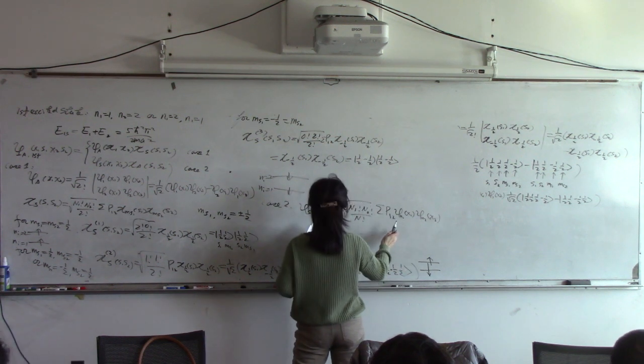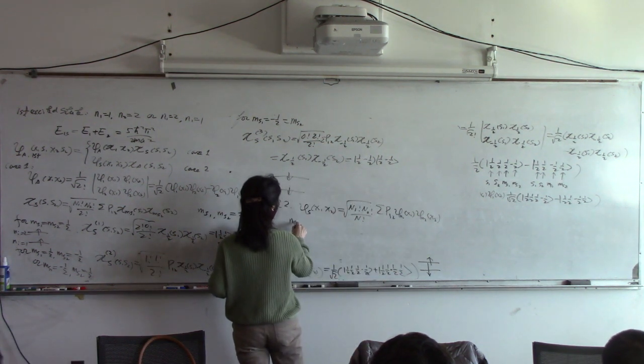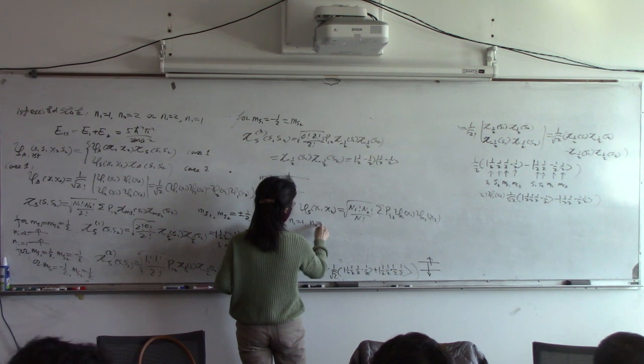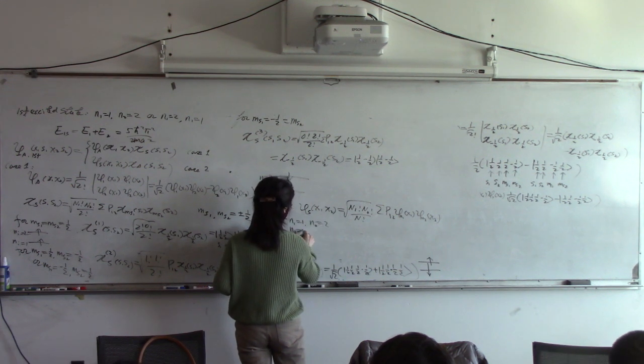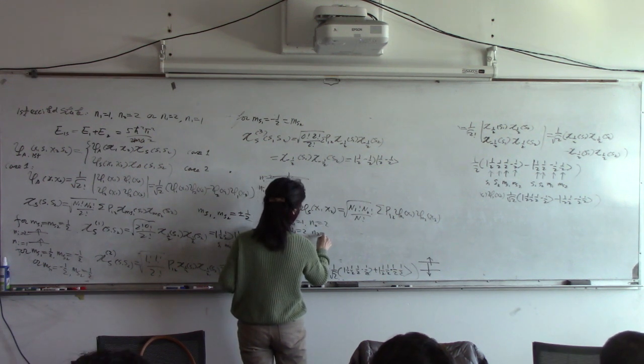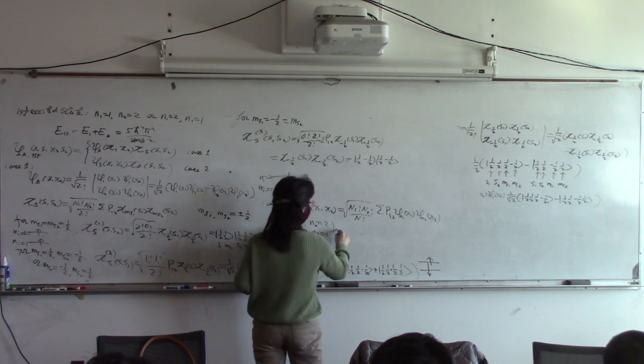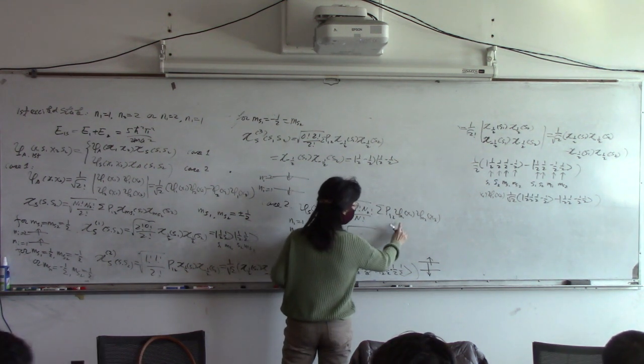Now here we have n1 is 1, n2 is 2, or n1 is 2, and n2 is 1, right? So because of this, you will see here we have a permutation.